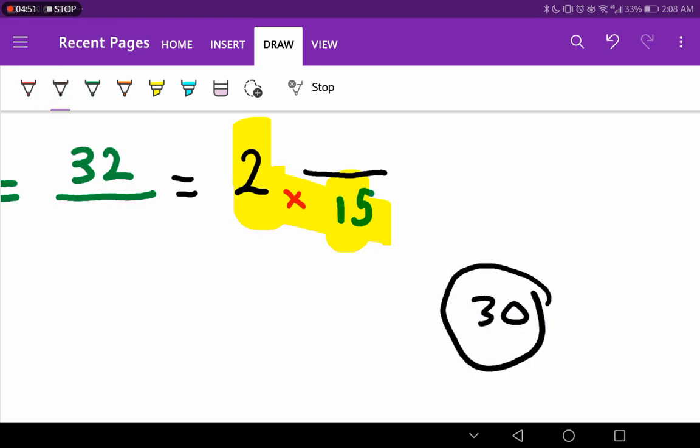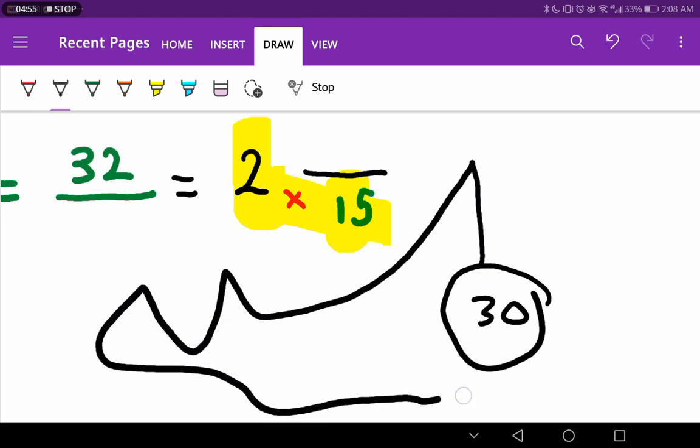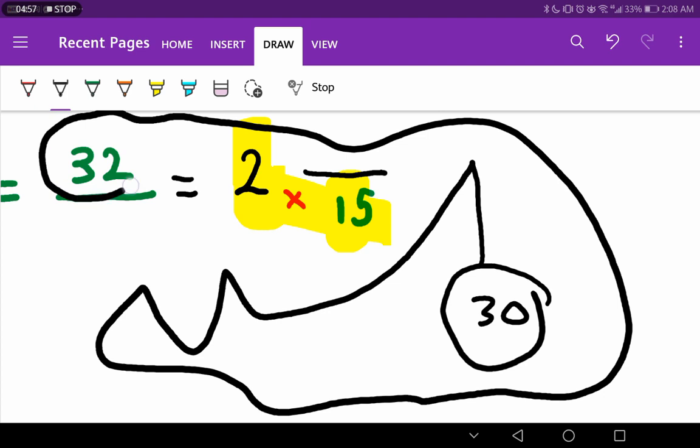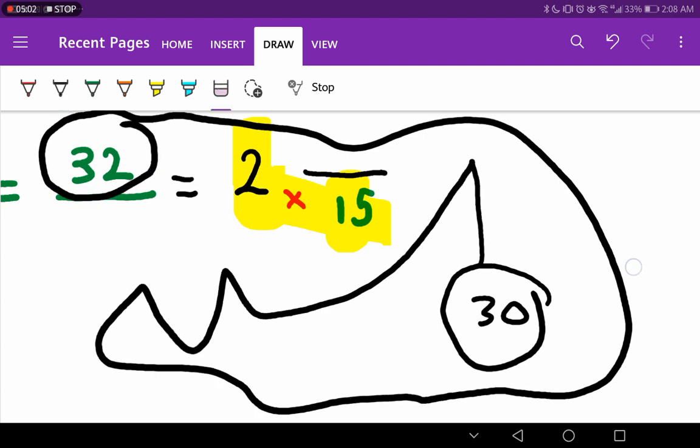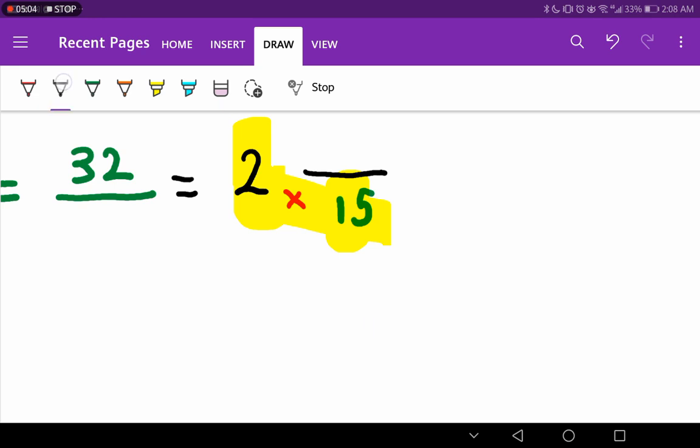How many steps do I need from 30 to reach the 32? It is only 2 steps. So we write 2 steps here. So the answer is 2 whole and 2 over 15.